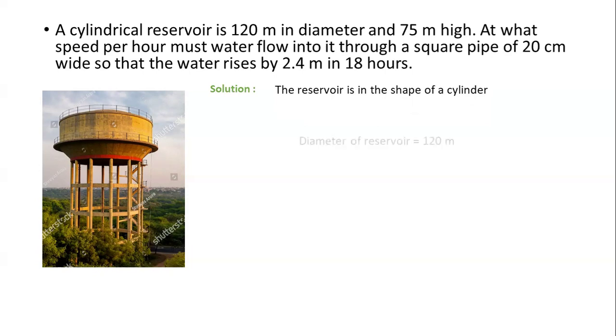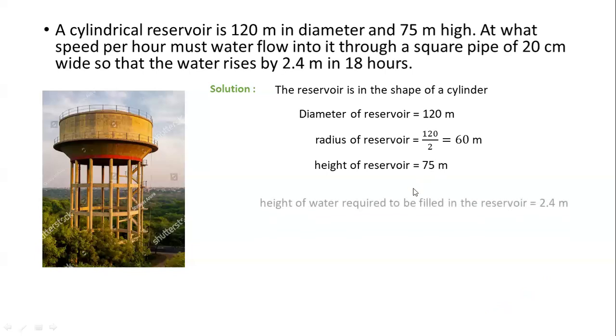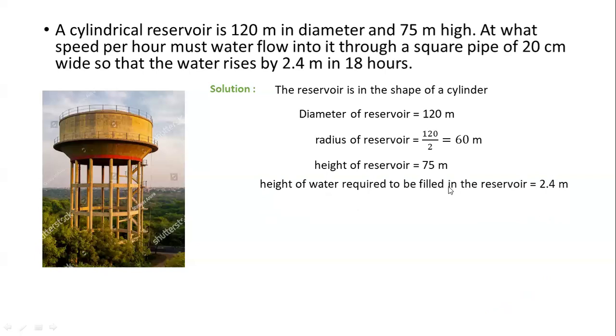The diameter of the cylinder is given as 120 meters, so the radius of the reservoir is 120 divided by 2, half of the diameter, that is 60 meters. Height of the reservoir is 75 meters. But we are not going to fill the entire tank of 75 meters. Height of water required to be filled in the reservoir is only 2.4 meters.